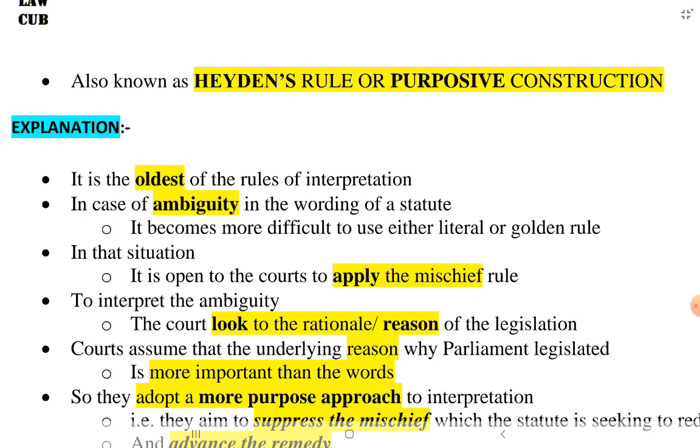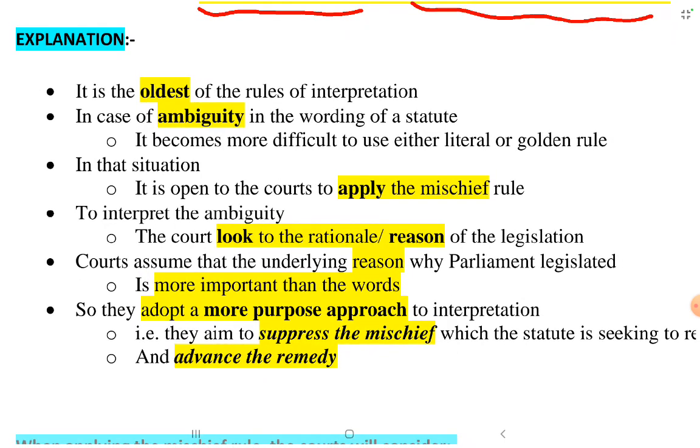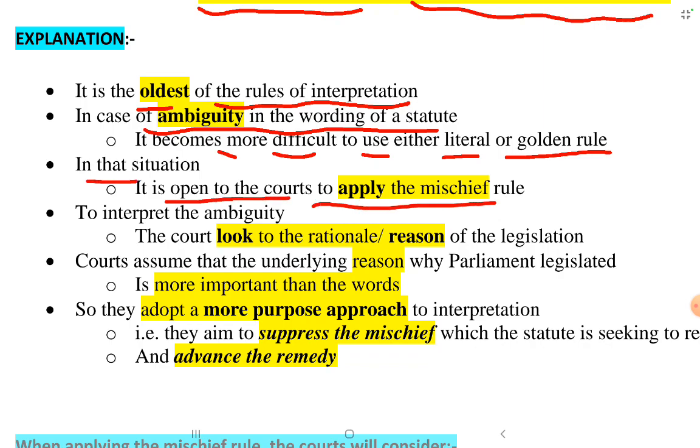Mischief rule is also known as Hayden's rule or purposive construction. Explanation of mischief rule. It is the oldest of the rules of interpretation. In case of ambiguity in the wording of a statute, it becomes more difficult to use either literal or golden rule. In that situation, it is open to the courts to apply the mischief rule.